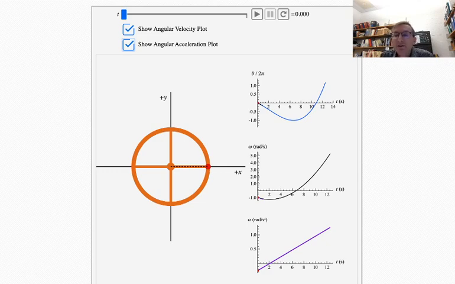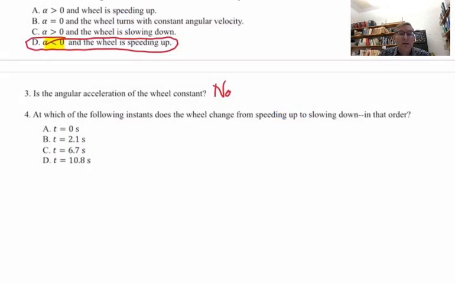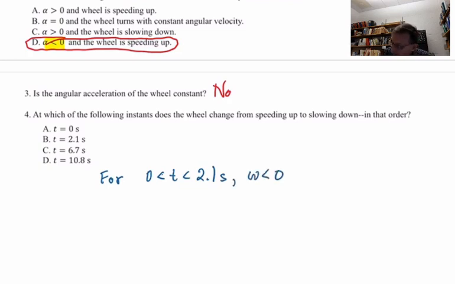So look for time between 0 and just a little past 2 seconds. That time interval, between 0 and a little past 2 seconds. The angular velocity omega in that time interval is negative, and the angular acceleration is also negative. So I'll come back over here, and I'll write right underneath here that for the time in that interval, the angular velocity is negative and the angular acceleration is negative.